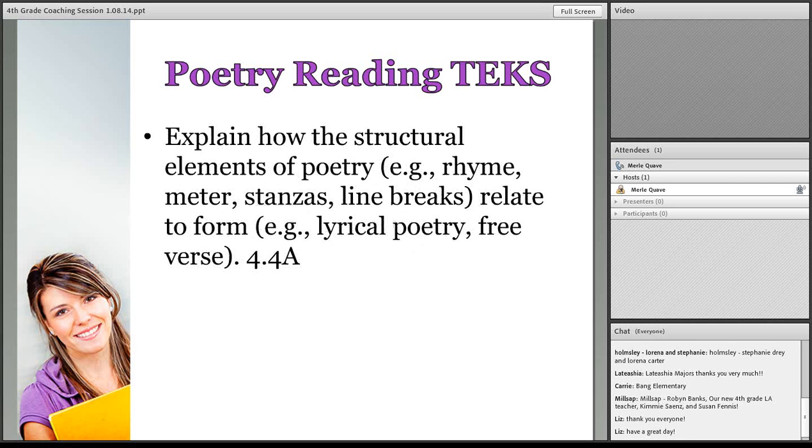A specific fourth grade TEKS is 4.4a, where they need to be able to explain how the structural elements of poetry, such as rhyme, meter, etc., relate to the form that the poem takes, such as lyrical or free verse.